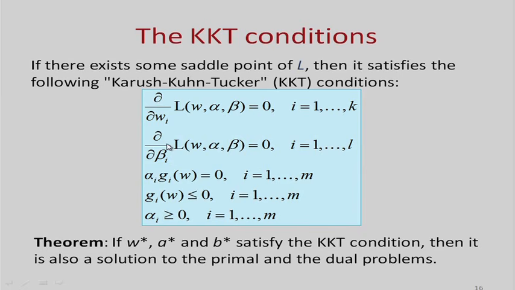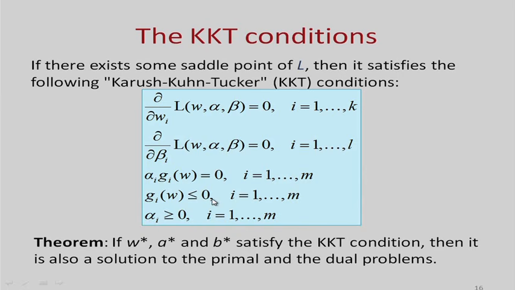And from these two, you will find that alpha_i g_i(w) will be equal to 0 for i equal to 1 to m, g_i(w) is less than or equal to 0, and alpha_i greater than or equal to 0.